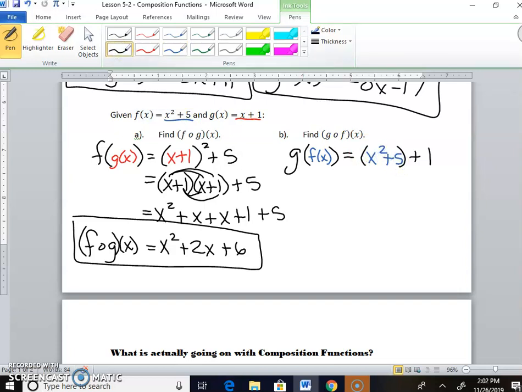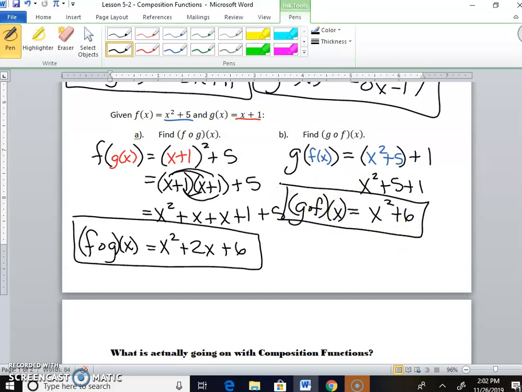Now, there's nothing around these parentheses, nothing in front, behind, nothing that I need to distribute, so the parentheses really don't matter. This is just an x squared plus 5 plus 1, which simplifies to an x squared plus 6. So g open circle f of x equals x squared plus 6. Okay, and that's your basic thing with your composition functions.